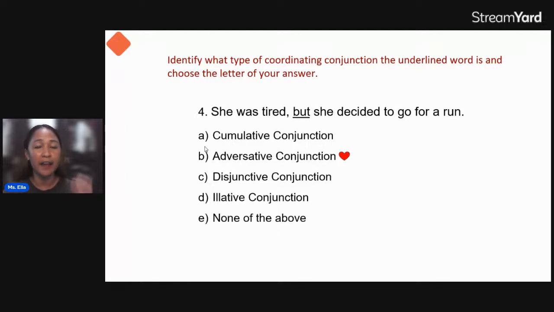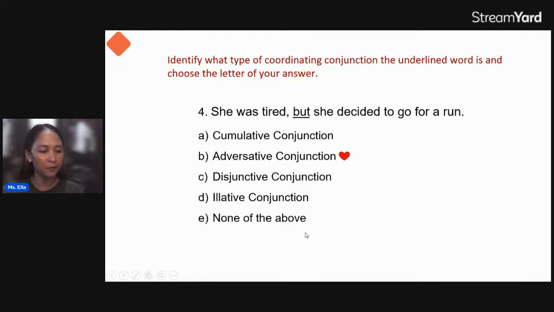The verb tired, she was tired, is the clue. And then you decided to go for a run. The two statements are contrasting. That means it's an adversative conjunction.